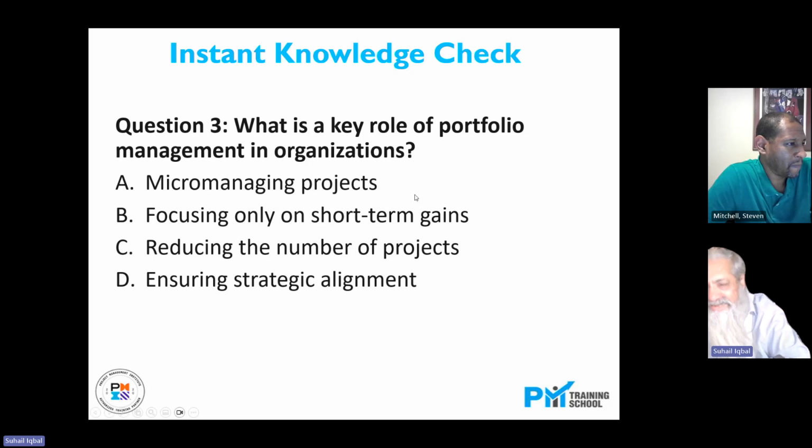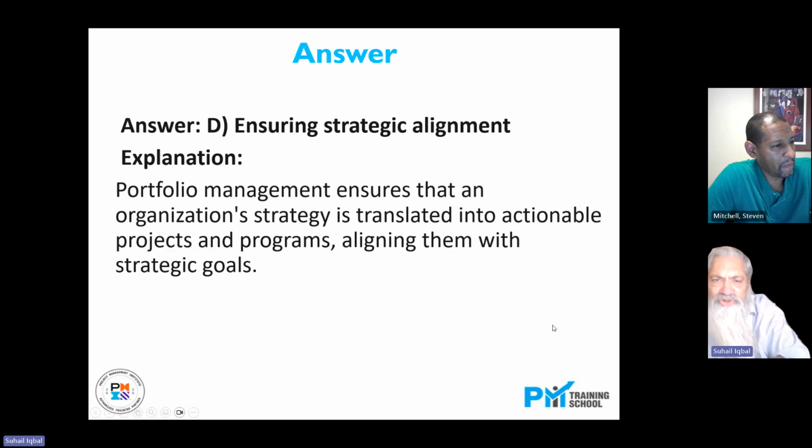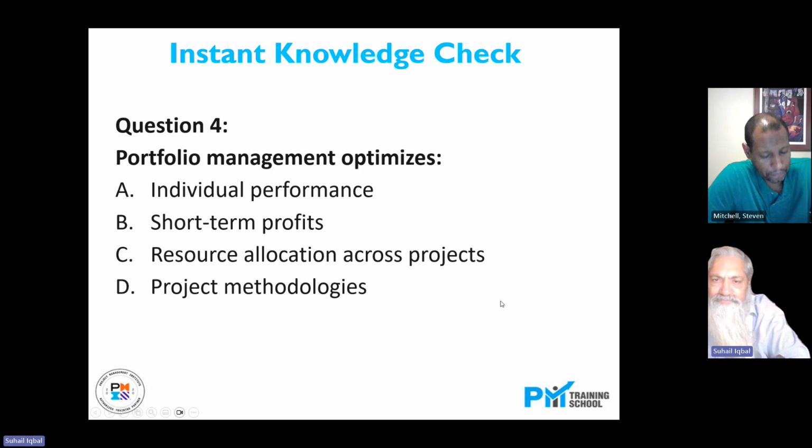I have strictly prohibited micromanagement, whether it is program management or portfolio management. You should not micromanage, right? Yes. So A can never be right, and B and C are also not right. So D is the right answer. Portfolio management ensures that an organization's strategy is translated into actionable projects and programs, aligning them with strategic goals.